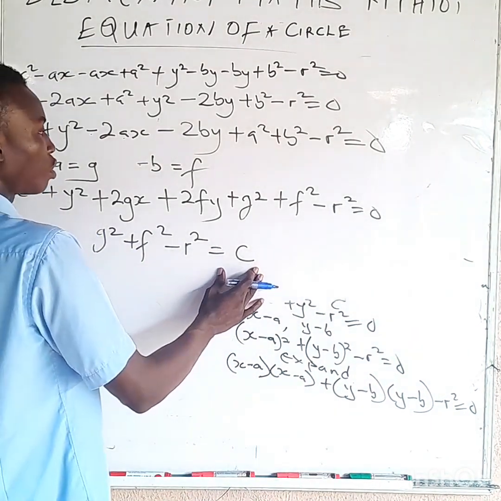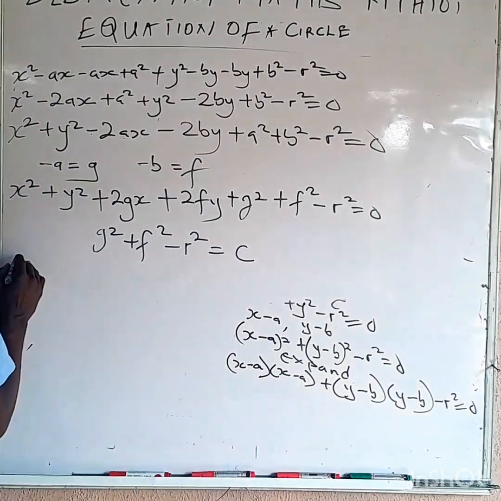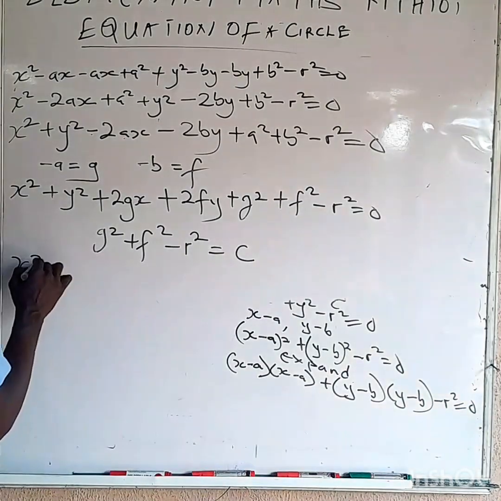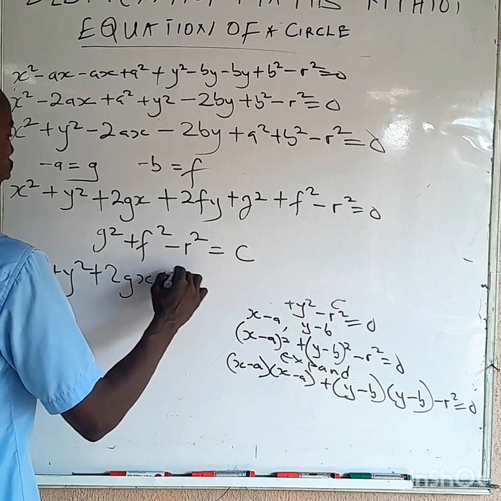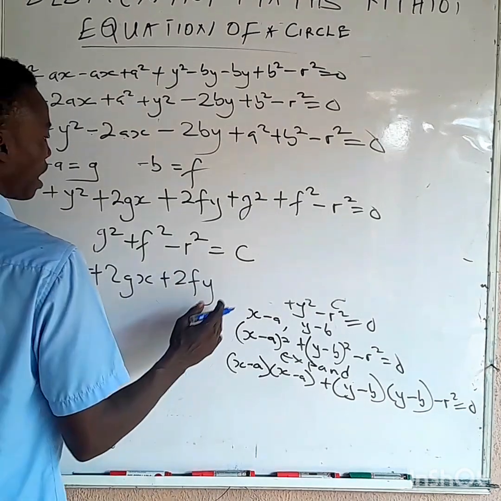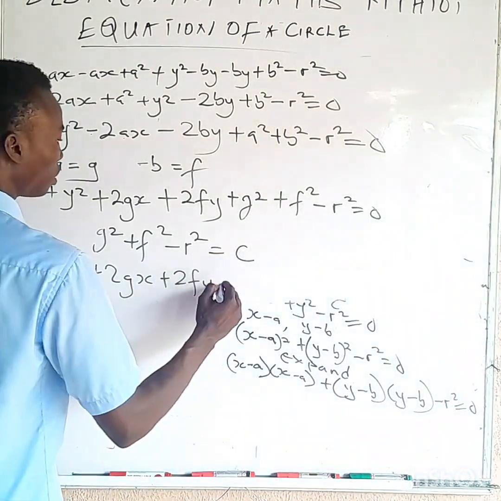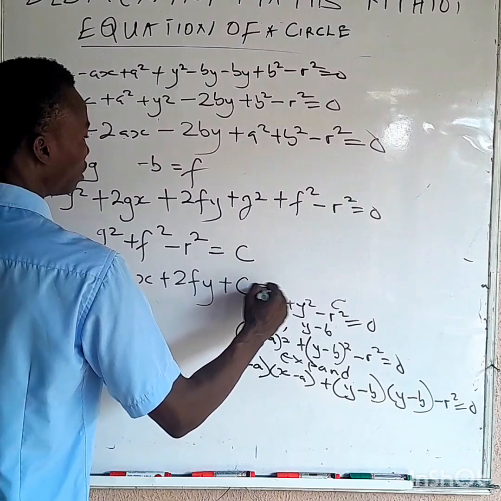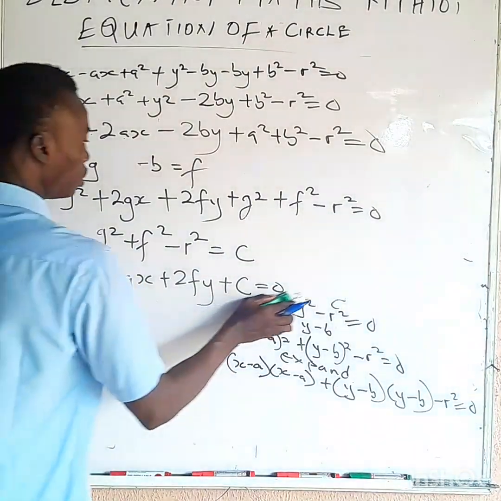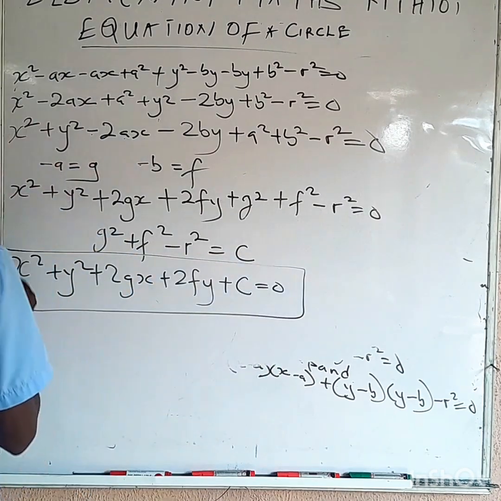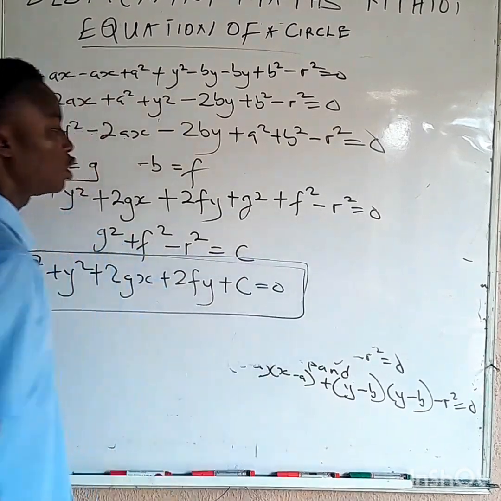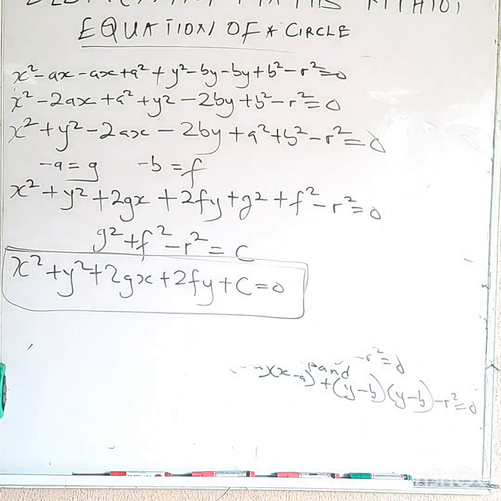So if everything here is equal to c, then that means we are going to have x squared plus y squared plus 2gx plus 2fy, then finally, plus c is equal to 0. So this equation that you are seeing in this place represents what we call the equation of a circle. As simple as that.